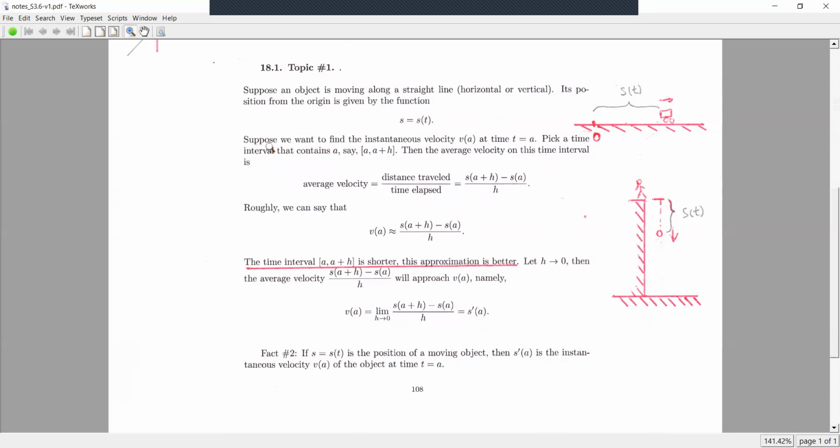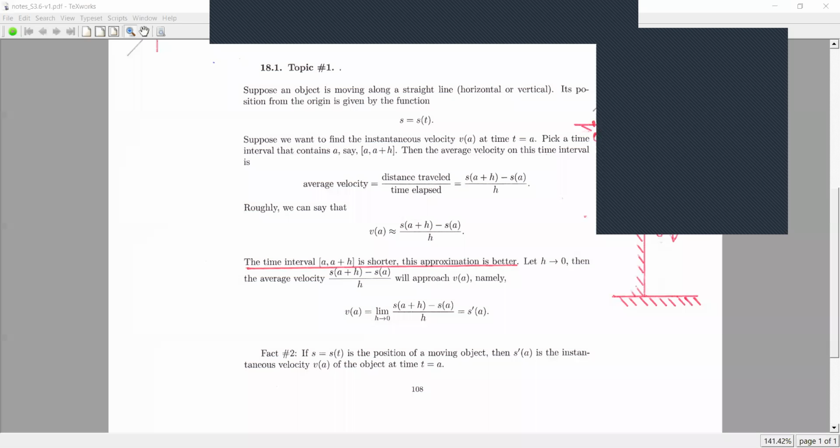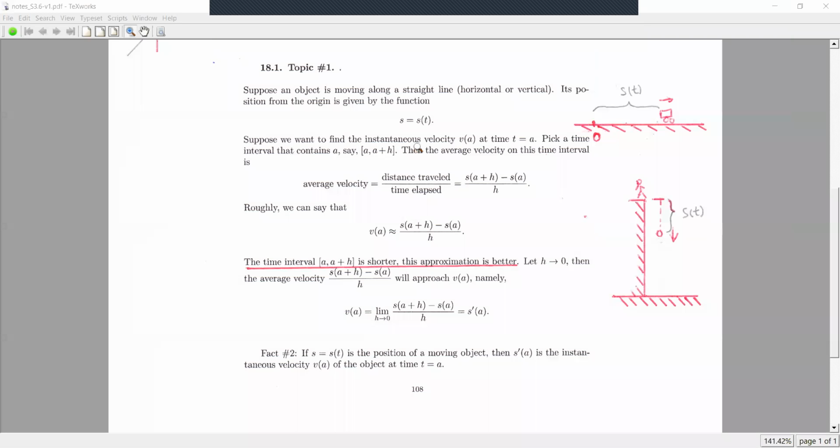Now, suppose we want to find the instantaneous velocity v of a at the time a. To find it, pick a time interval that contains a. For example, pick the time interval from a to a plus h, where h is some positive number.